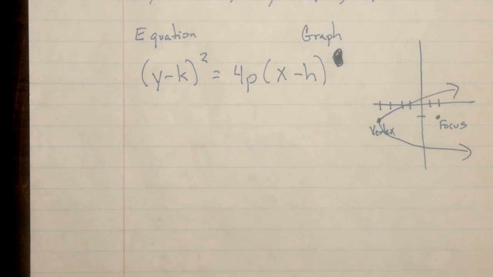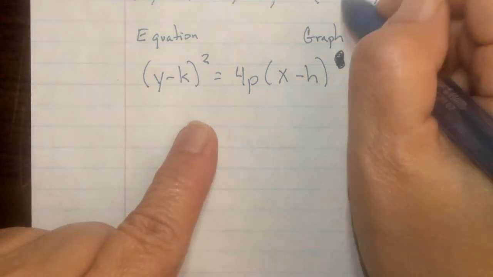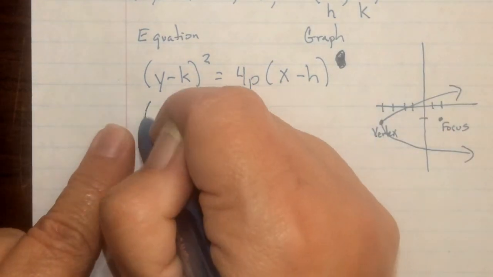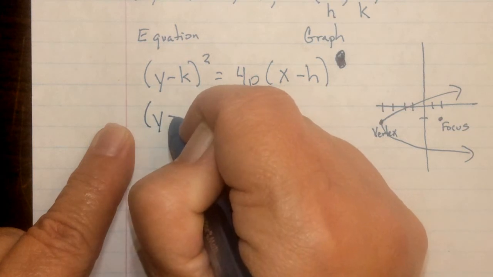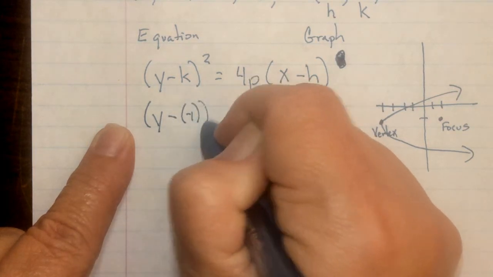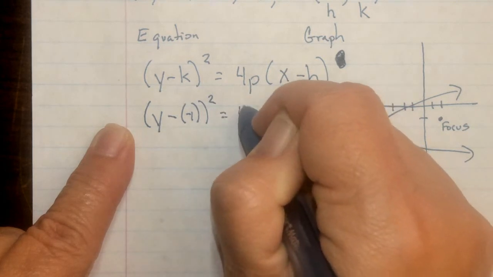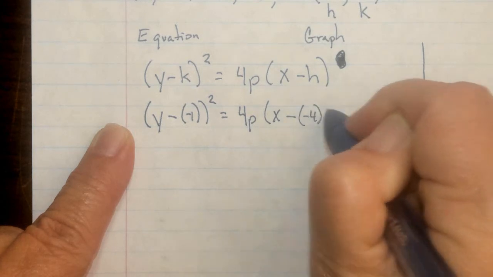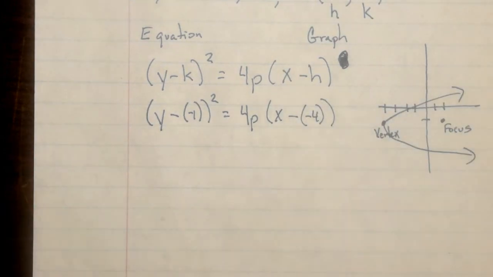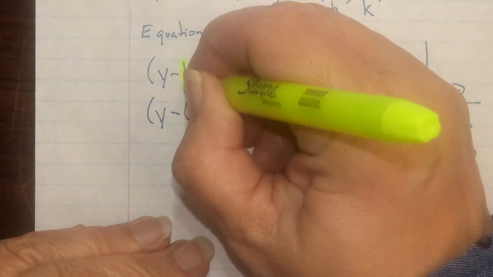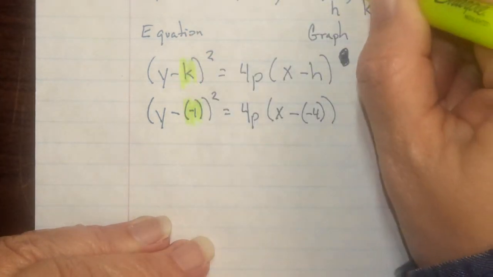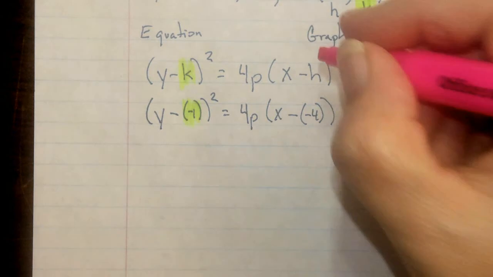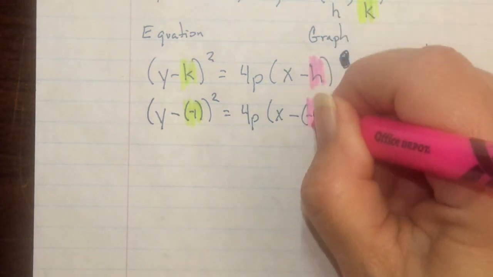Now I can plug h and k directly in here. Here's my vertex. This is h, this is k. If I directly substitute, it's y minus -1 squared equals 4p times x minus -4. Here k was -1, here h was -4.